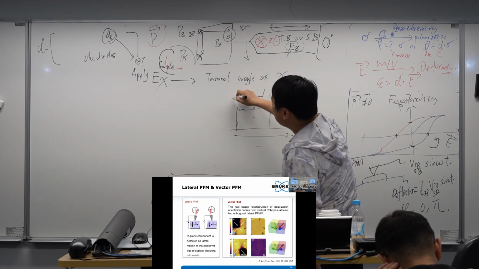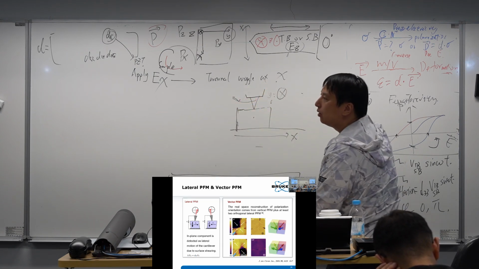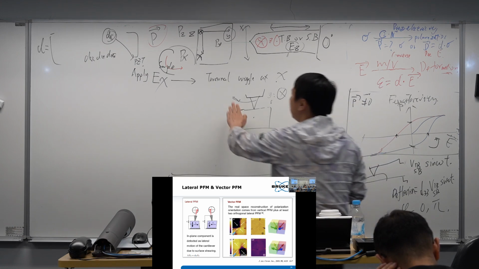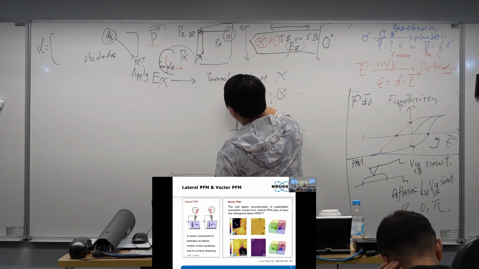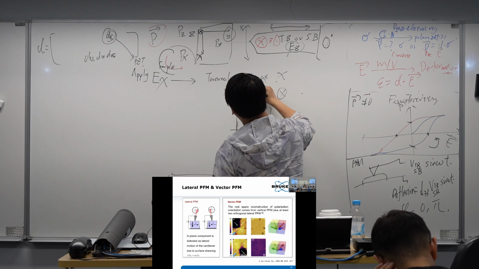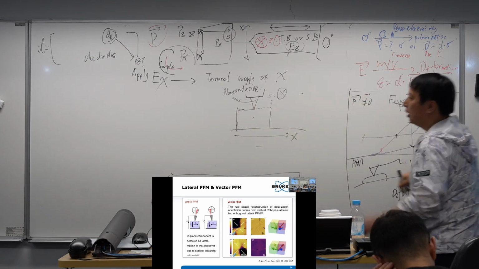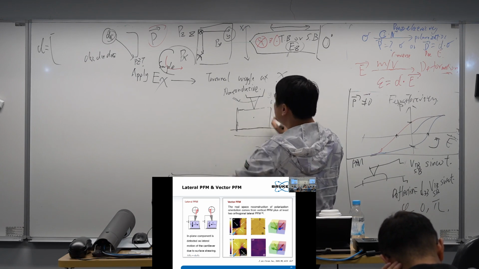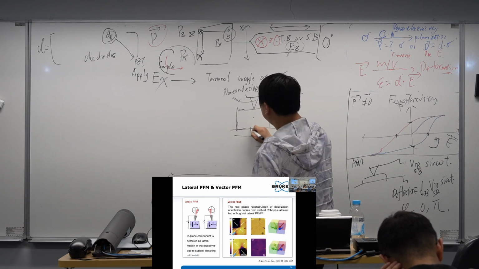The probe does not need to be conductive because we don't want to apply any tip bias here. So the probe is non-conductive, and the bottom of our crystal is also non-conductive.